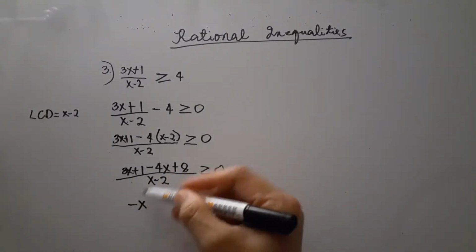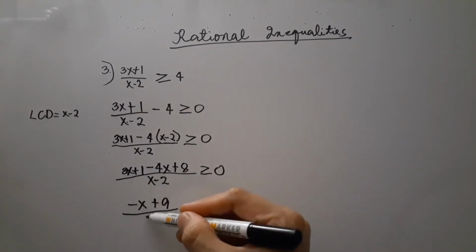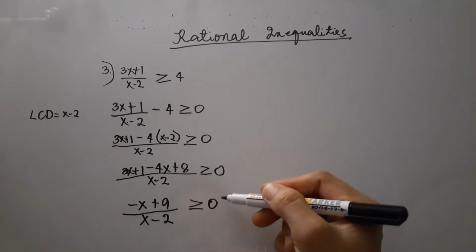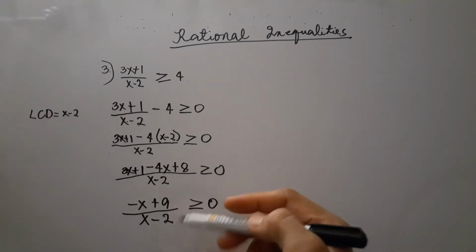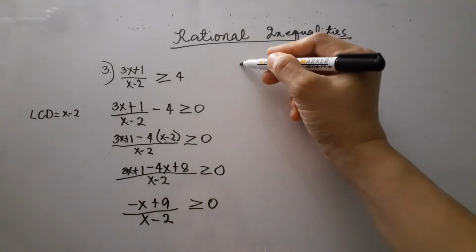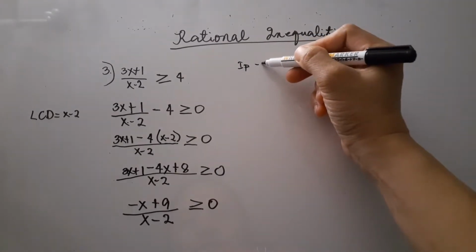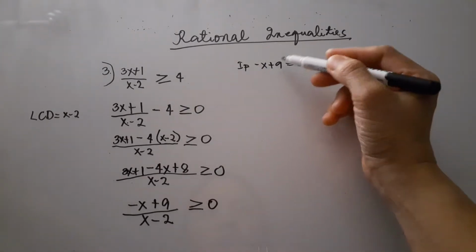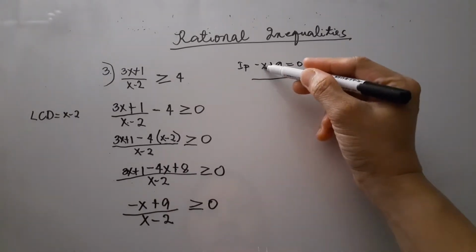And then first we need to collect like terms. So negative 4x plus 3x is equal to negative x. Then 1 plus 8 is 9 over x - 2, which is equal to 0. So if negative x + 9 is equal to 0, we subtract each side by 9, so 9 cancels out.